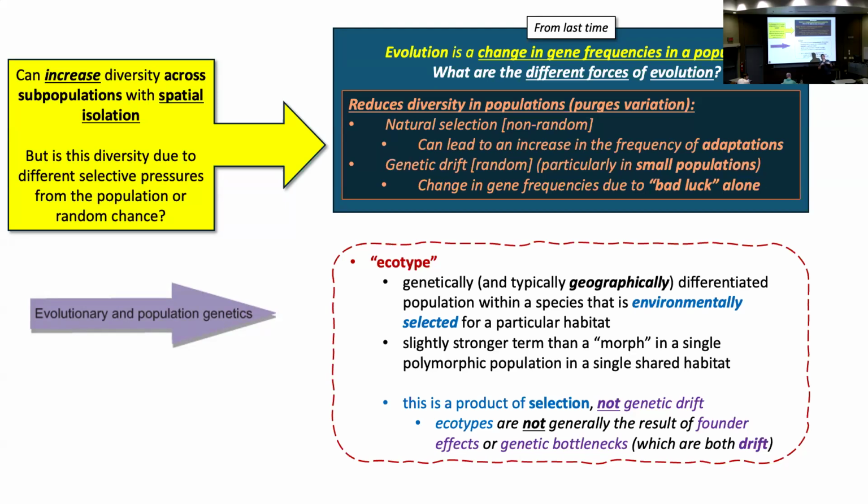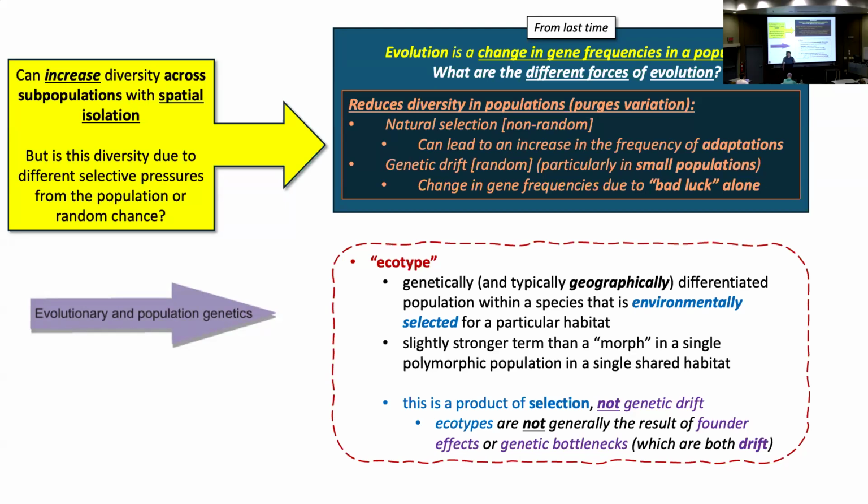Well, it really depends on, so there's the general idea that you separate populations and you get different traits that come out. But it's really the question of what ecotype is: you're actually making a stronger claim where you're saying the reason we're seeing the difference in traits is that these traits give them an advantage in their environment. It could be the differences in traits are completely random, as you see in founder effects or genetic bottlenecks. So in evolution, you might talk about founder effects or genetic bottlenecks.